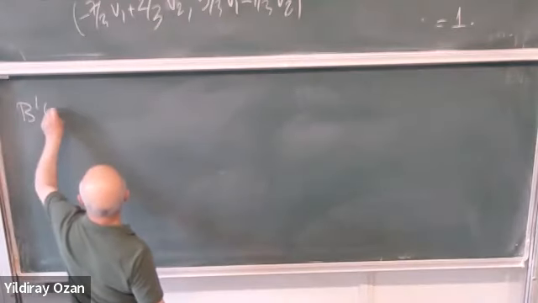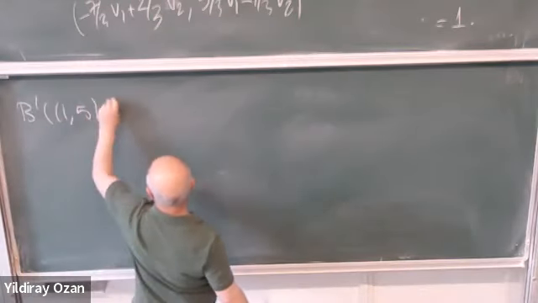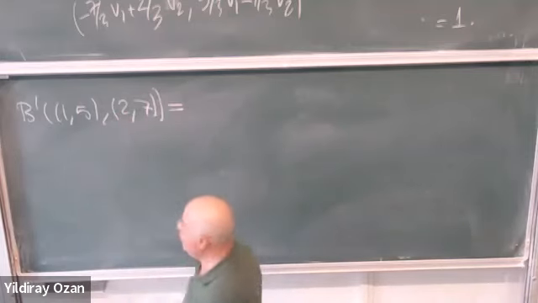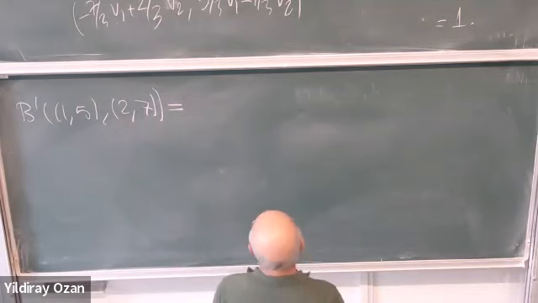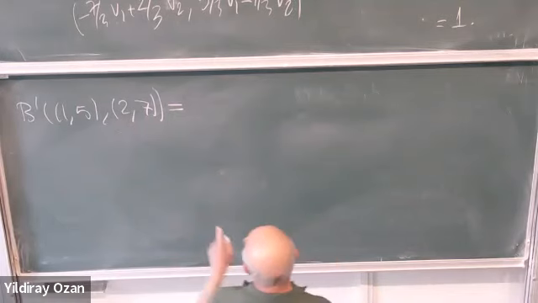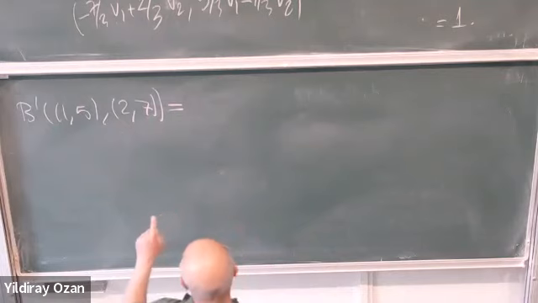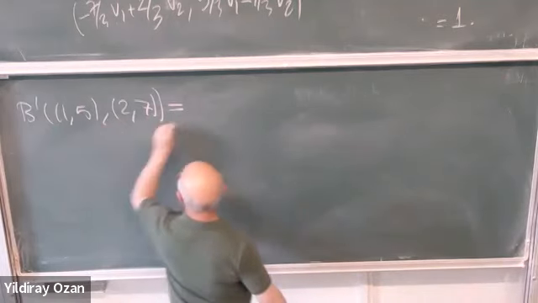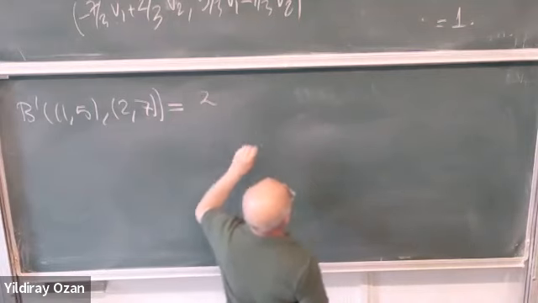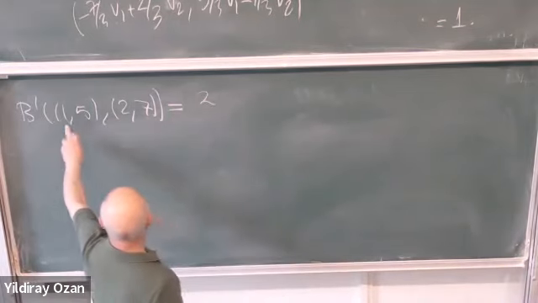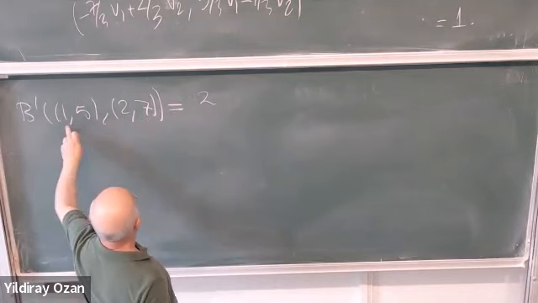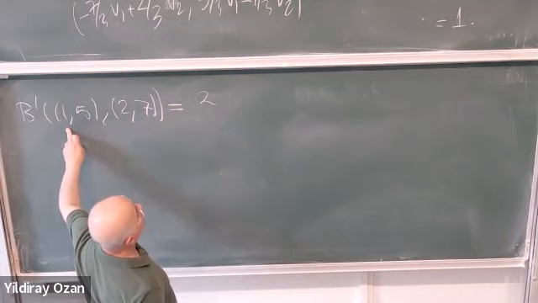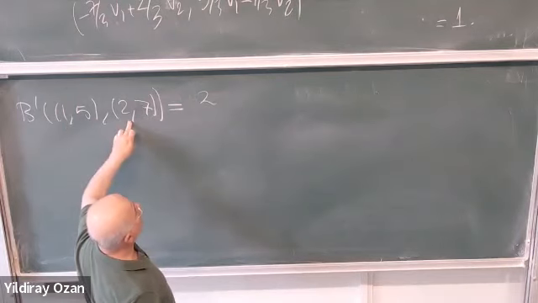What about this thing? 1, 5 and 2, 7. This has to be 0, right? Şimdi U1 V1, oradan 2 gelecek. Bu ikisini çarpıyoruz, 2. Ondan sonra U1 V2, geri gelecek. 7, bir de buradan gelecek.